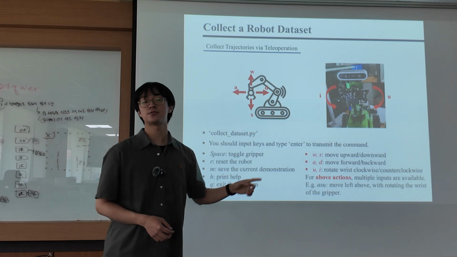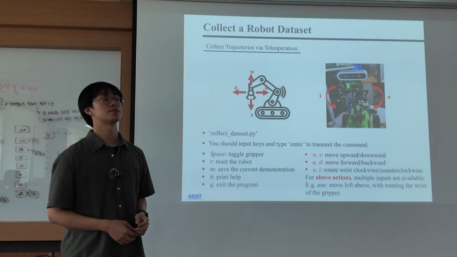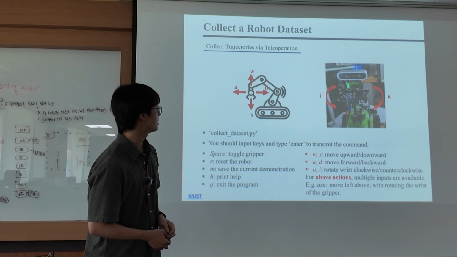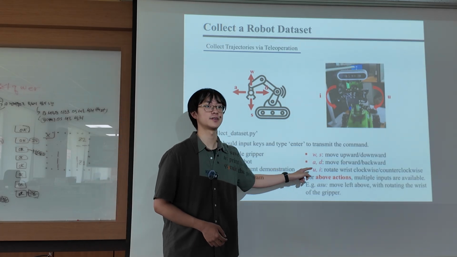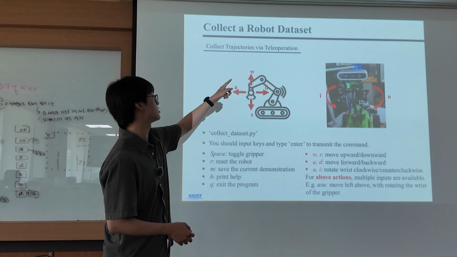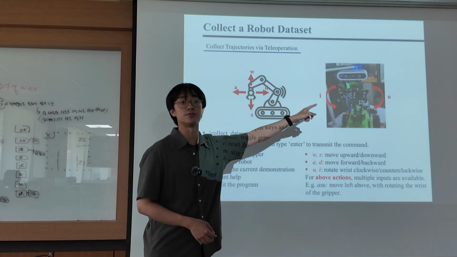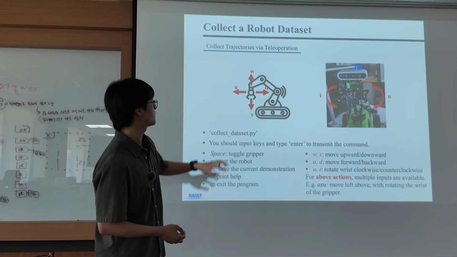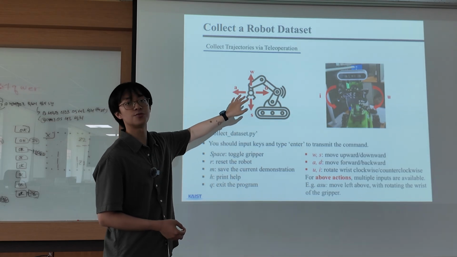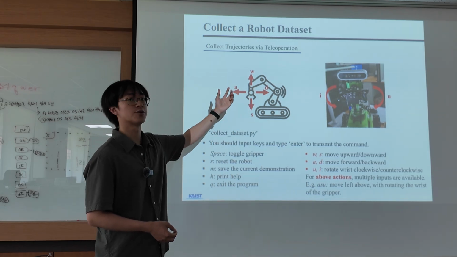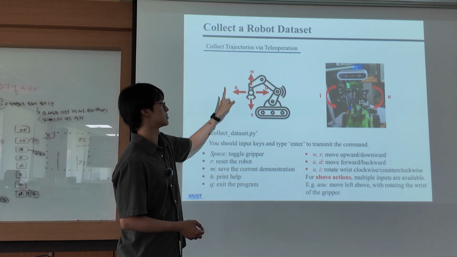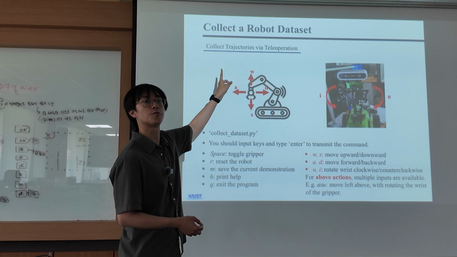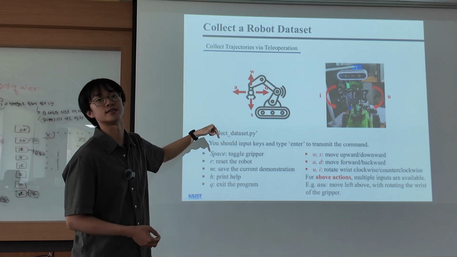Briefly introducing how to teleoperate with those programs. There are some commands that you can type. It is basically WASD and I and U. If you press W or S, the gripper moves to the positive y-axis or negative y-axis.